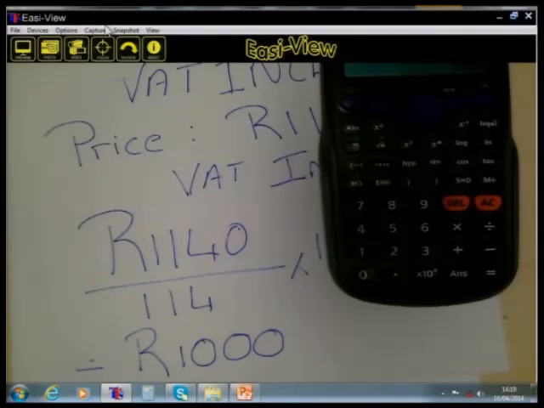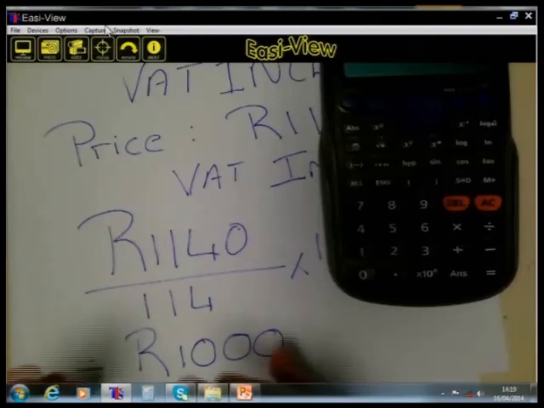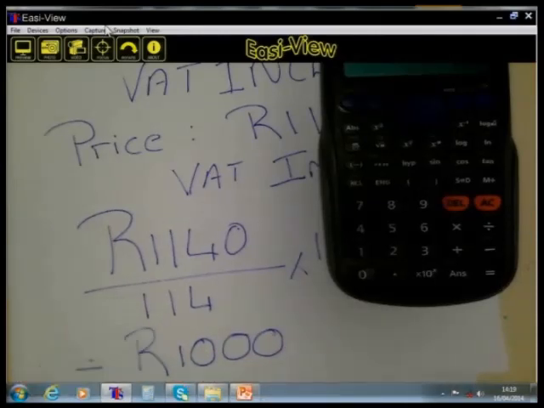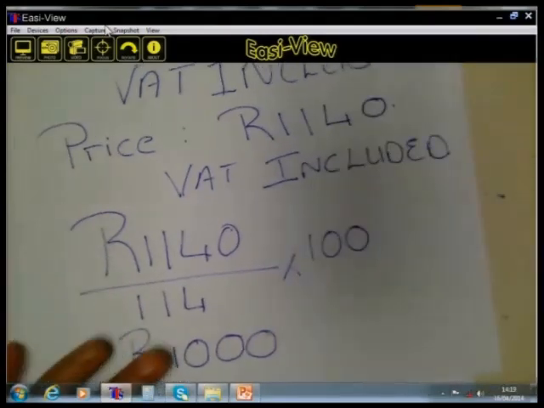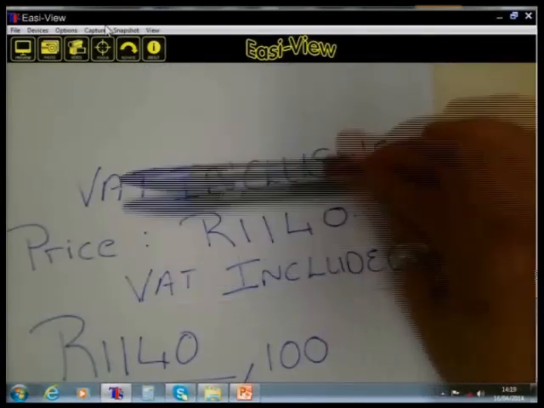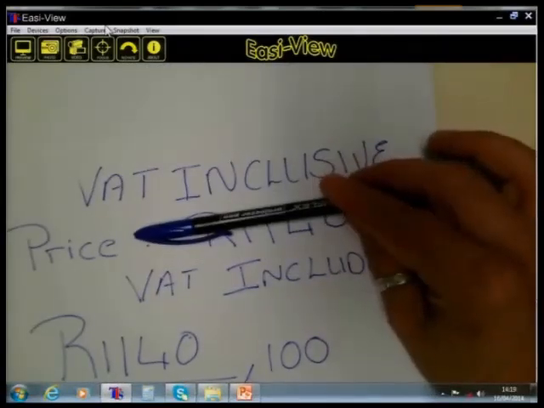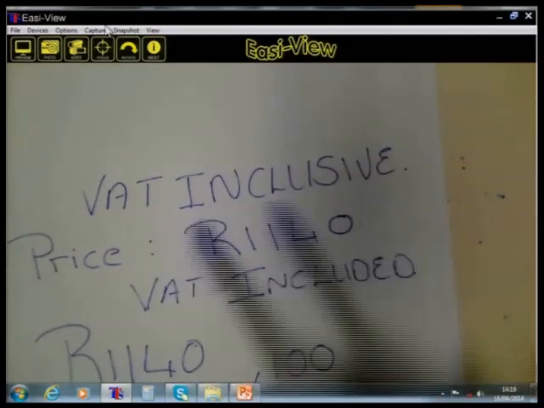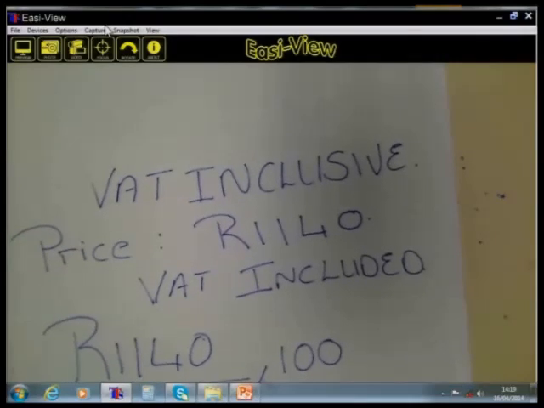Okay? I had the price of the article in the beginning. It was 1,000 rand. I added the VAT. I saw it was 1,140 rand. Now I'm working backwards. I gave you the price of 1,140 rand. I said to you that VAT was already included. So I want to know what fraction of this price is then going to be for VAT.